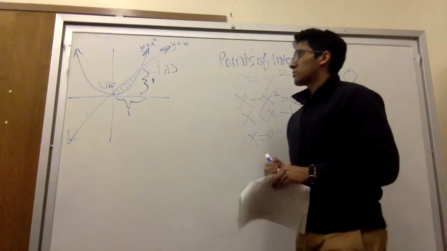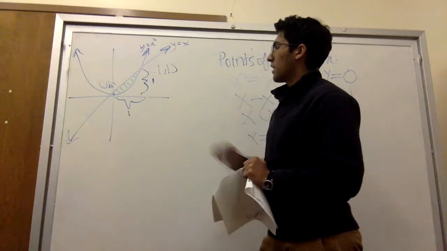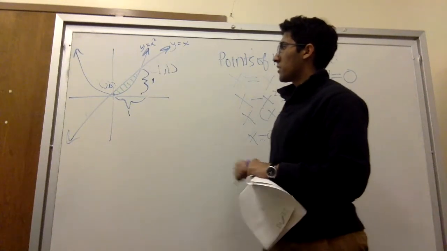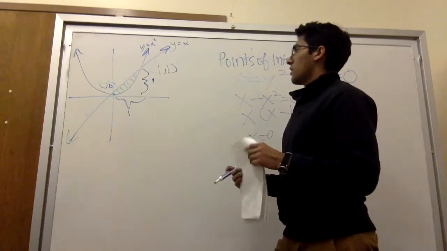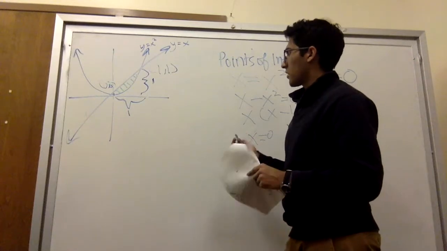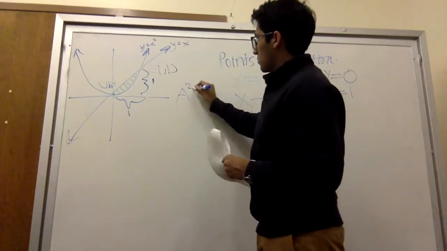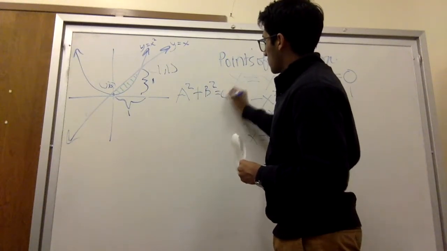Okay, so now we know that this side has a length of 1, and we know this side has a length of 1, but we want to find the length of this side right here along the t-axis, and to do that we'll have to use the Pythagorean theorem, which is a squared plus b squared equals c squared.